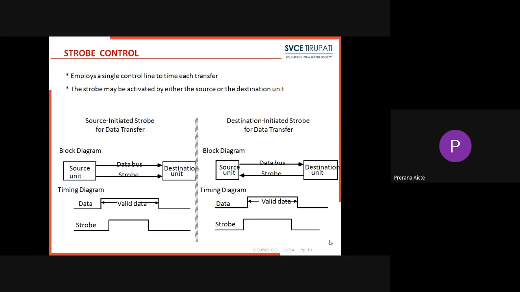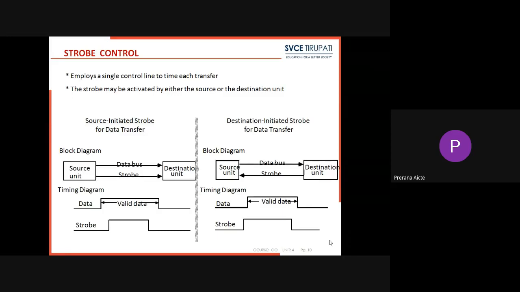The data bus carries the binary information from the source unit to the destination. The strobe is a single line that informs the destination unit when a valid data word is available on the bus.